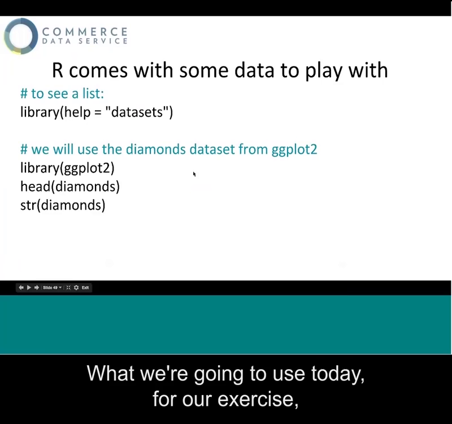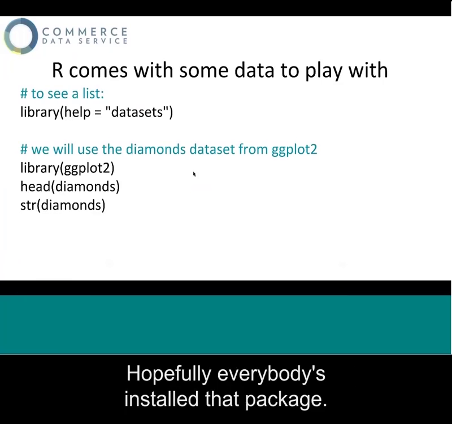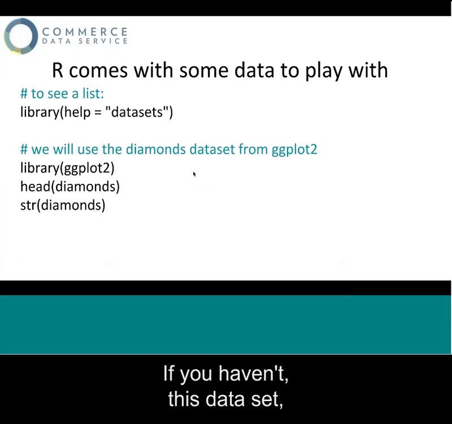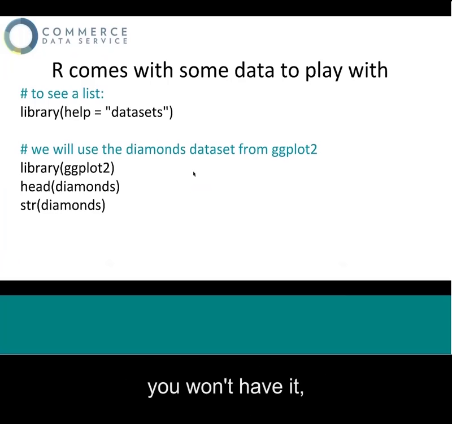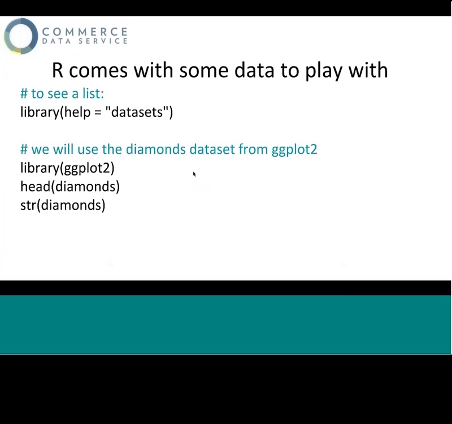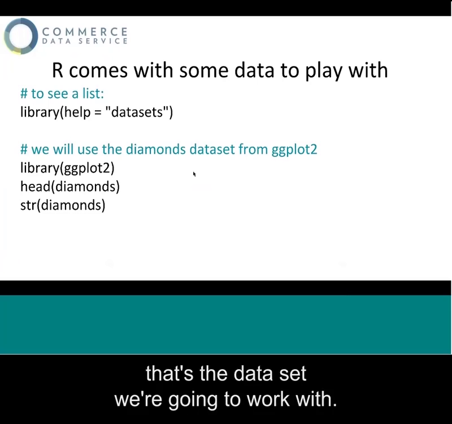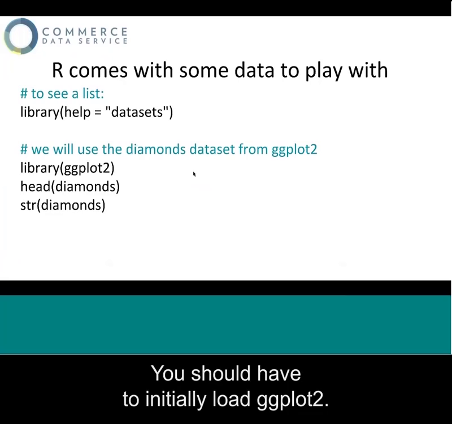What we're going to use today for our exercise is a data set that comes with ggplot2. Hopefully everybody's installed that package. If you haven't, you won't have this data set, and you can try it out later as you install it. But for everybody to call up diamonds, that's the data set we're going to work with. You have to initially load ggplot2.